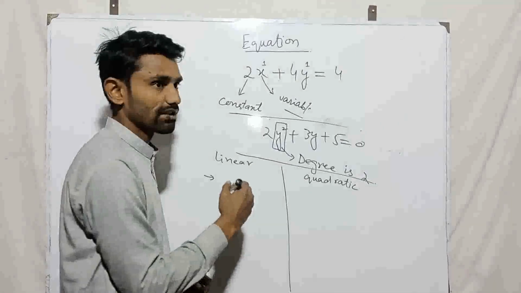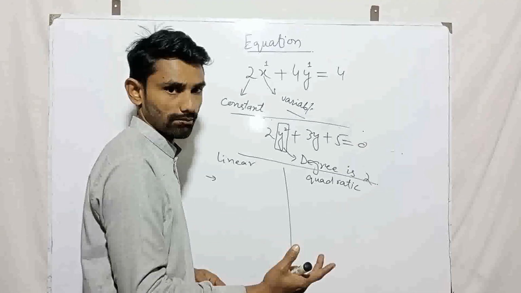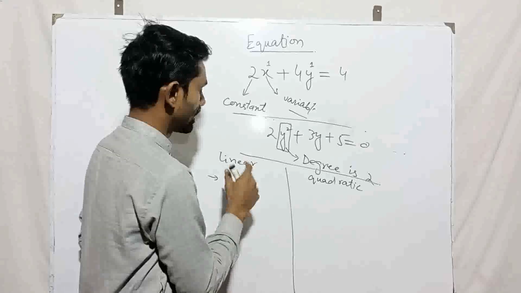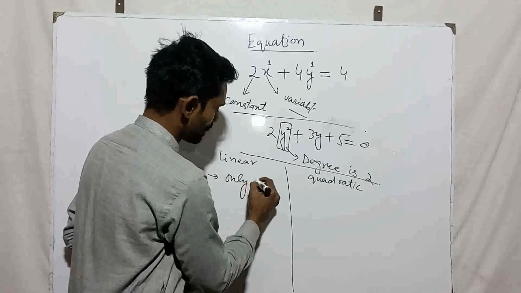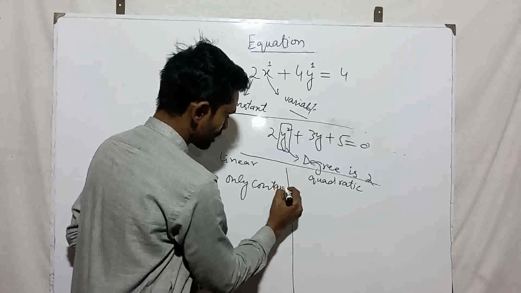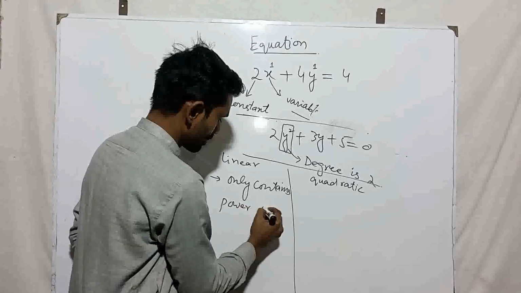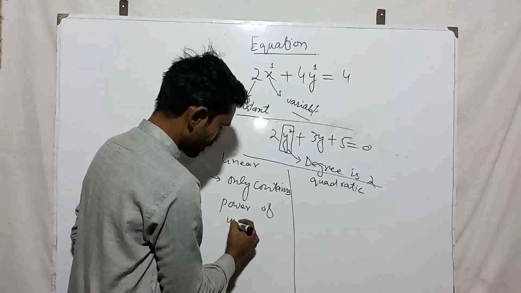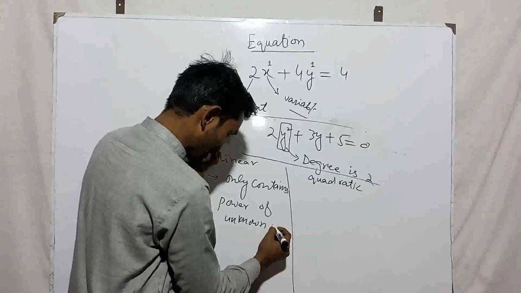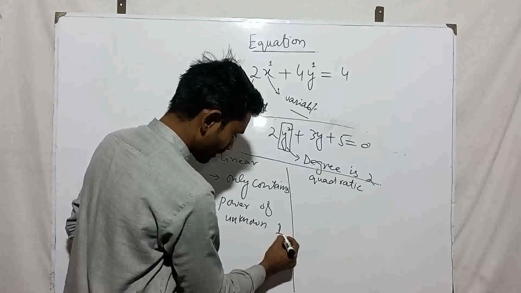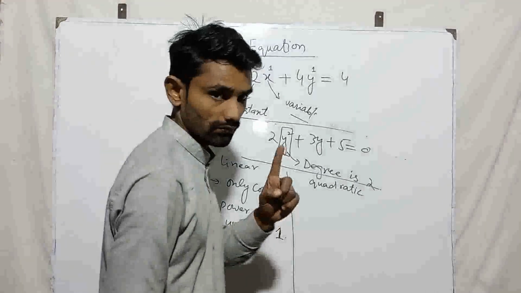When there is degree 1 of any variable, this is called a linear equation; it contains the power of unknown 1.